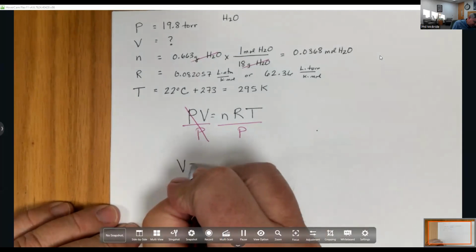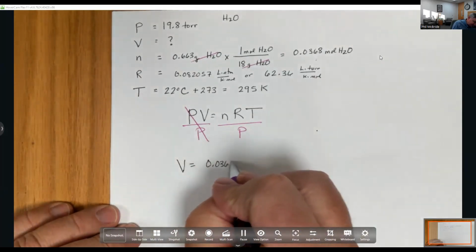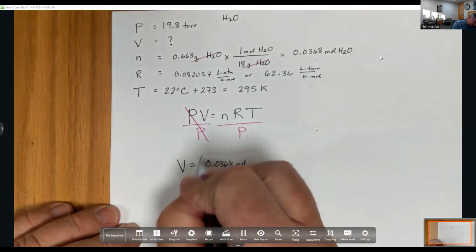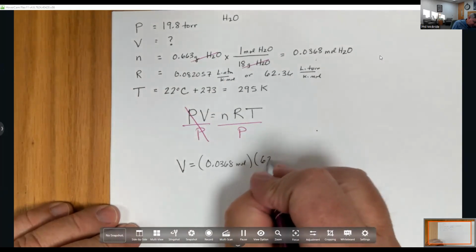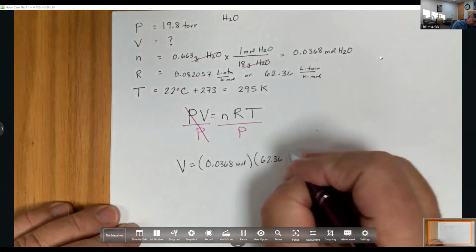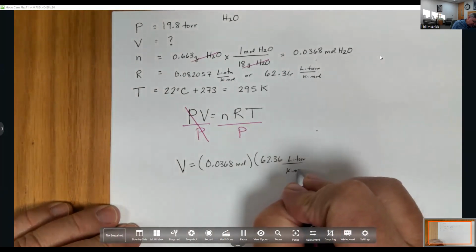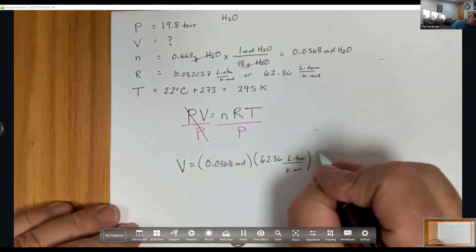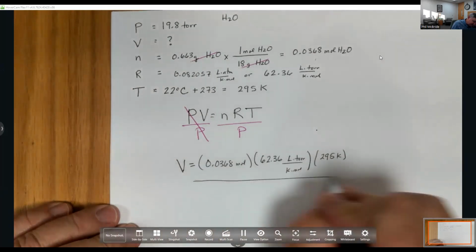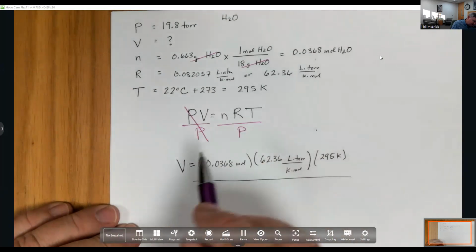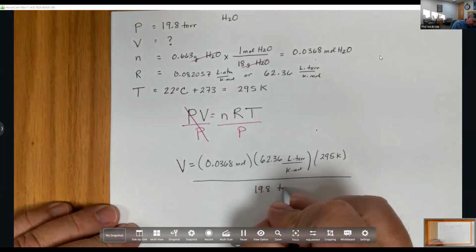So volume equals the moles, 0.0368 moles, times the gas law constant, 62.36 liters torr per Kelvin mole, times the temperature, which was 295 Kelvin, all divided by the pressure, which was 19.8 torr.